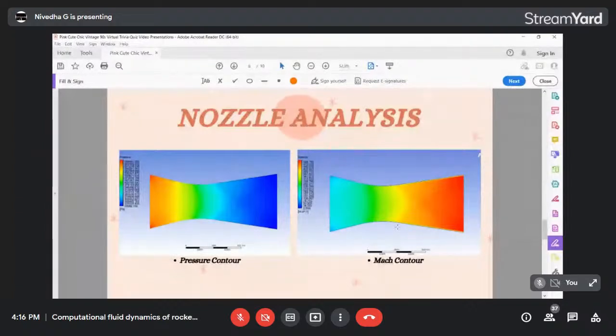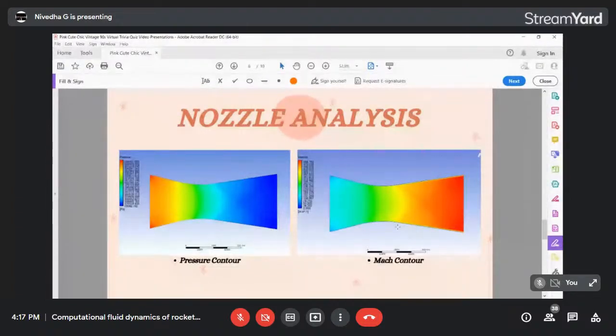There are so many viscosity models. I have used SST k-omega. There are a few more, Spalart-Allmaras and others. But I use SST k-omega for a number of reasons, which I will be saying now.